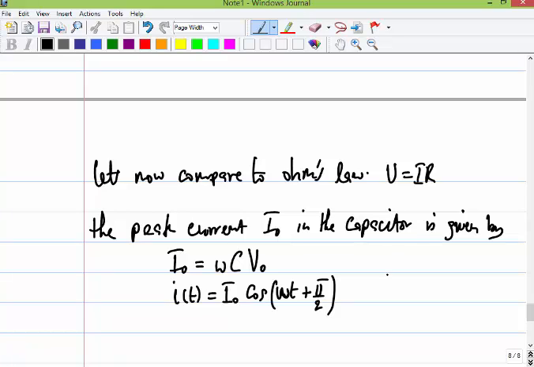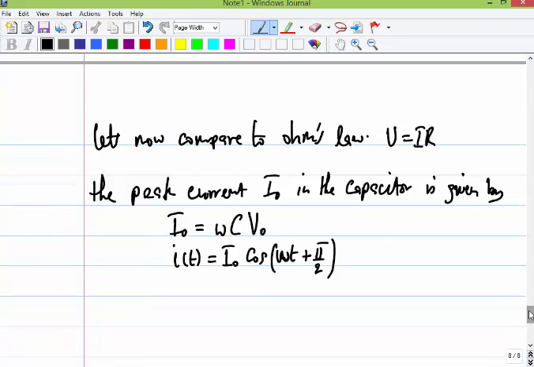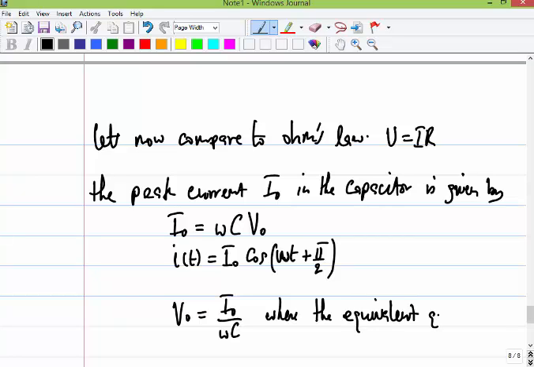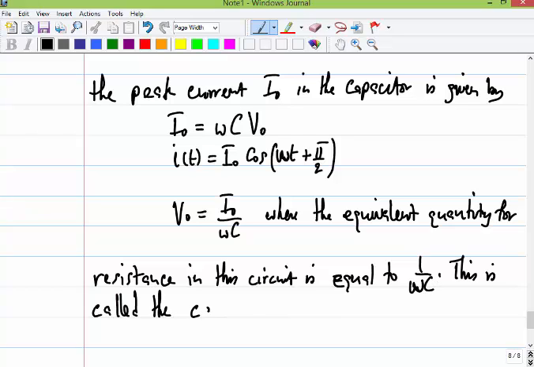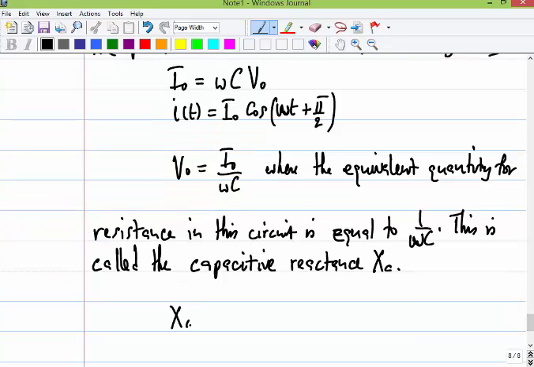Comparing this to Ohm's law, V naught is equal to I naught over omega C, where the equivalent quantity for resistance in this circuit is equal to 1 over omega C. This is called the capacitive reactance, X subscript C.